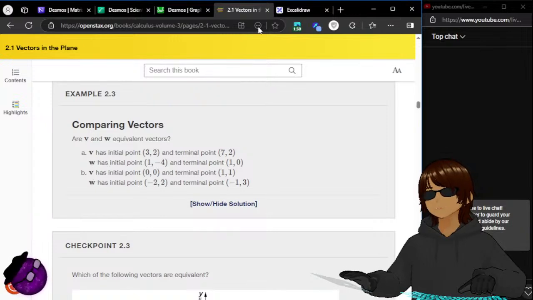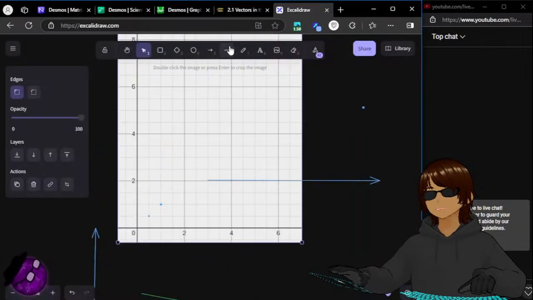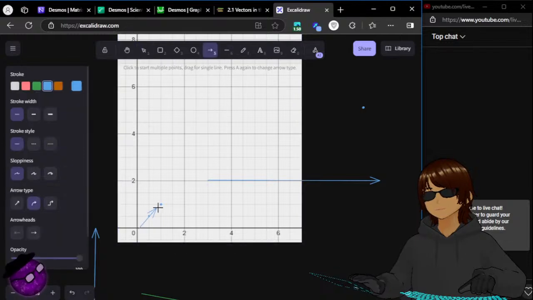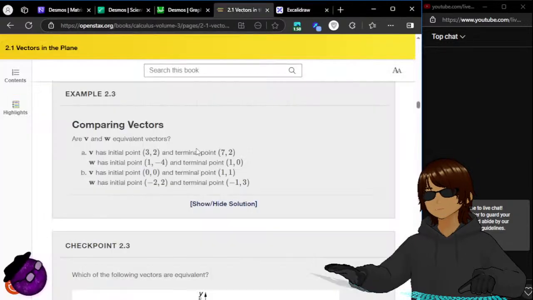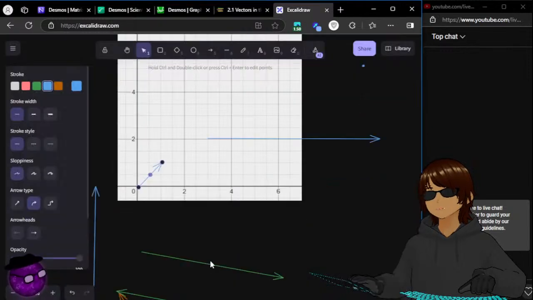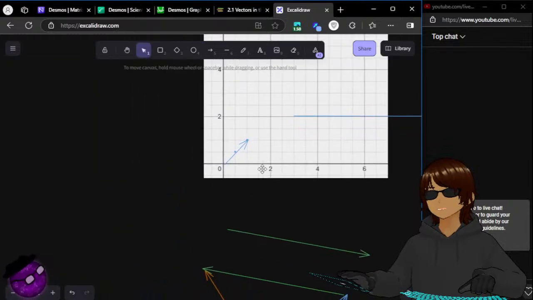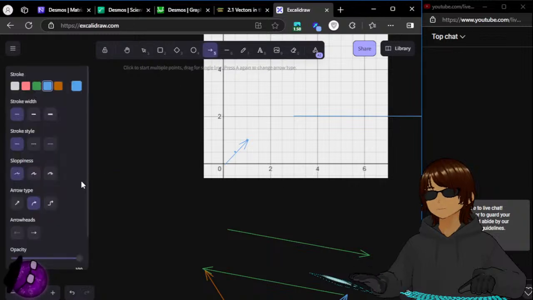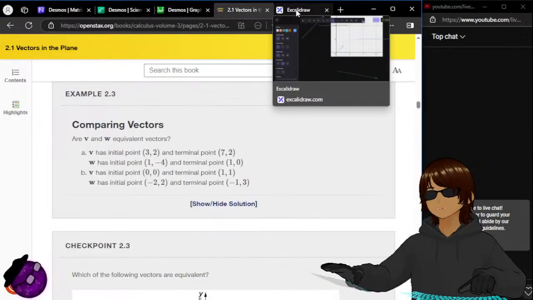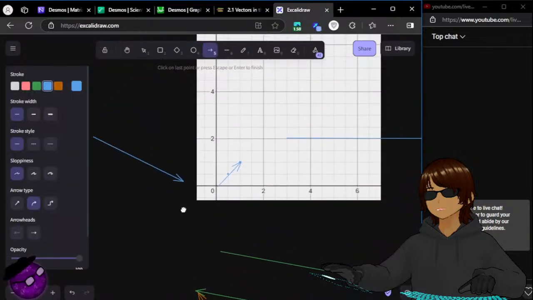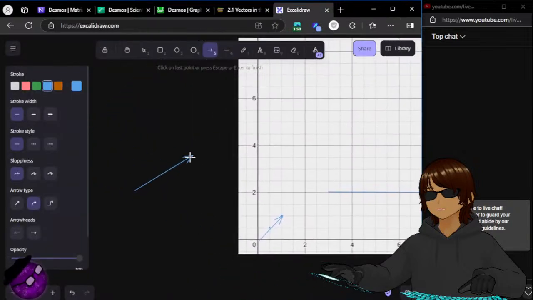0, 0 to 1, 1. Let's see. 0, 0 to 1, 1. -2, 2 to -1, 3.